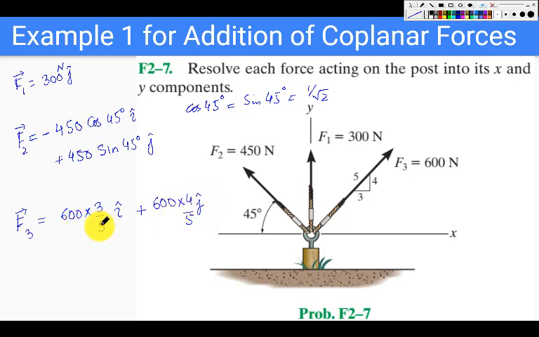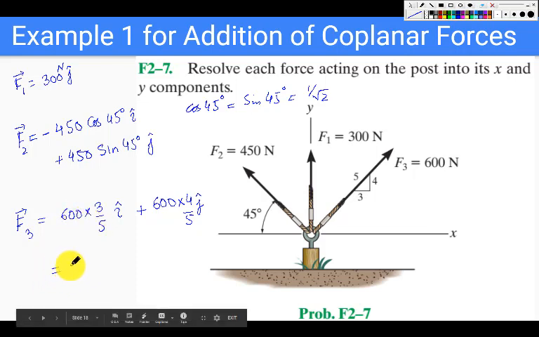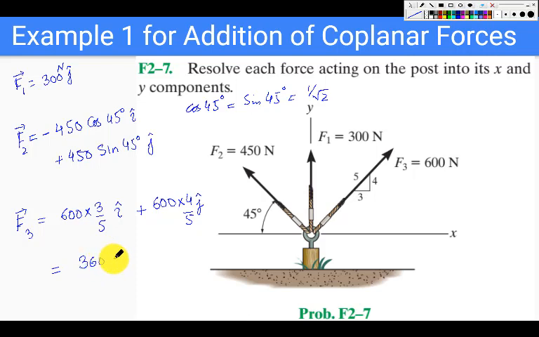And we can simplify this. 600 divided by 5 is equal to 120. 120 times 3 is 360. So this is 360 I hat, also given in newtons, plus 120 times 4 is 480 newtons in the j hat direction.